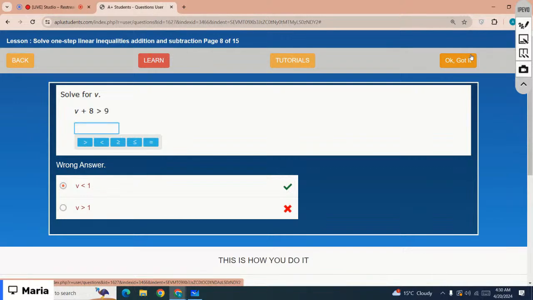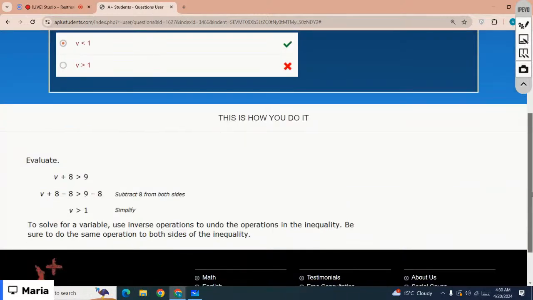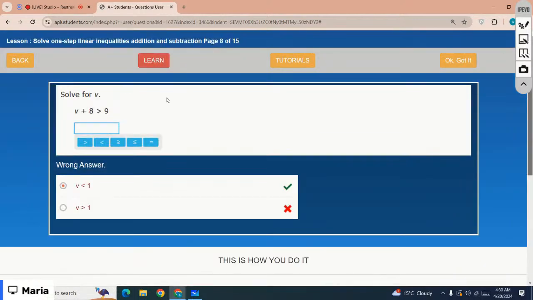Less than 1? How? Hold on. It is V is greater than 1, right? There is something wrong with the options. V is greater than 1. Okay, you can complete the lesson by yourself later today. Let me just move on to the next lesson.